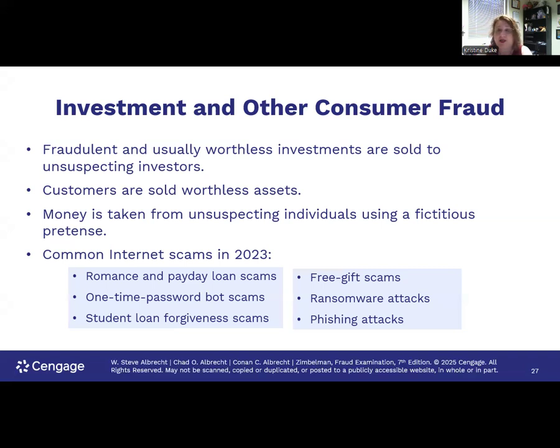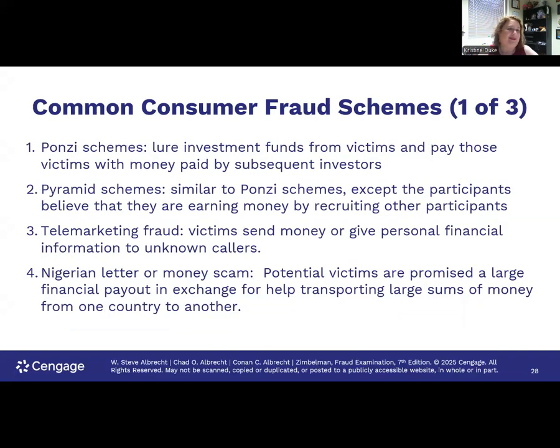And then they bring them in and it's like a mass interview with people. And then they say, hey, in order to get out, you can go door to door and sell our products. And you need to buy your first set of knives. So anyhow, it's just a scam. So beware. Common consumer fraud, Ponzi, pyramid.